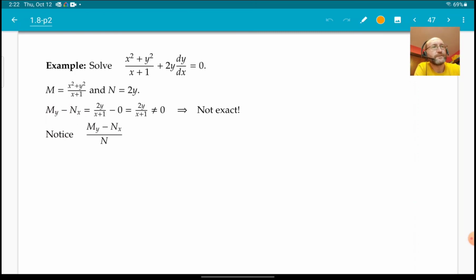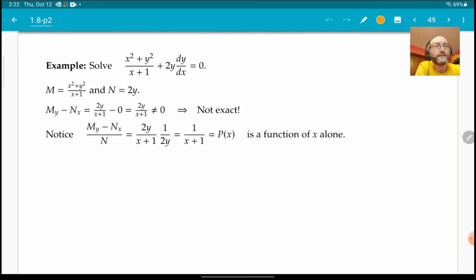However, notice that if I divide by n now, I get, well, this is the m sub y minus n sub x, and divide by n, that's this guy. It's 1 over x plus 1. That is a function of x alone, right?